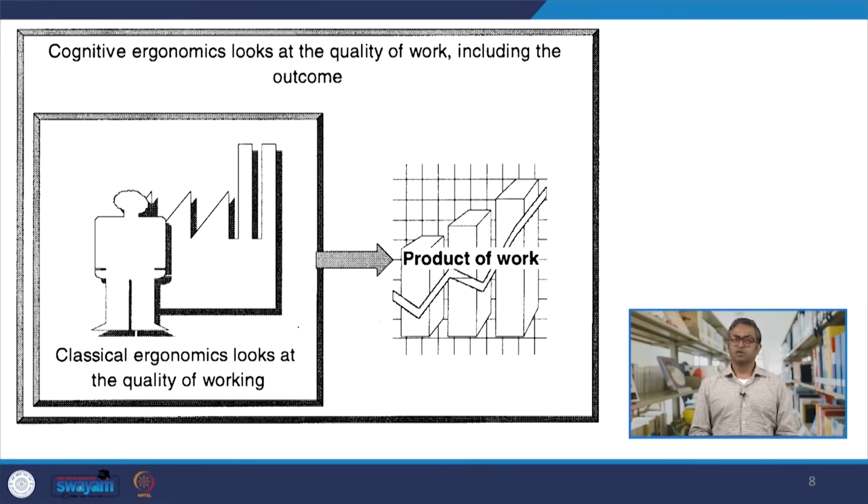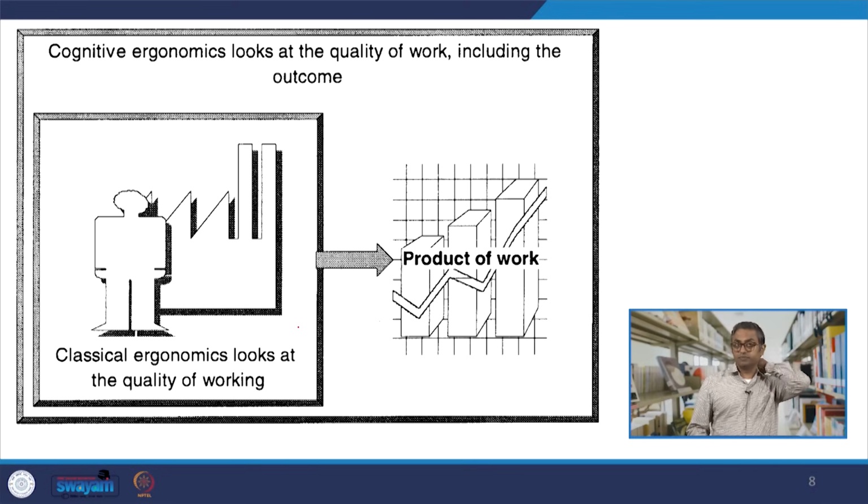Now, cognitive ergonomics was trying to address not only the quality of work, but also the outcome. The outcome as a result of a person who is doing cognition, and a cognition which is being done through various skills and abilities.